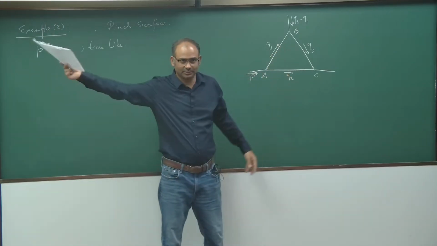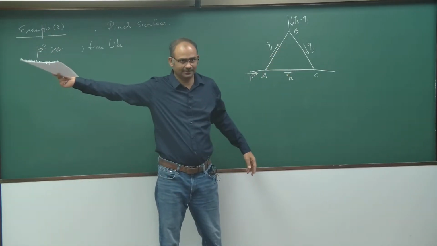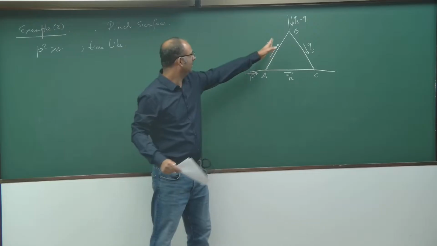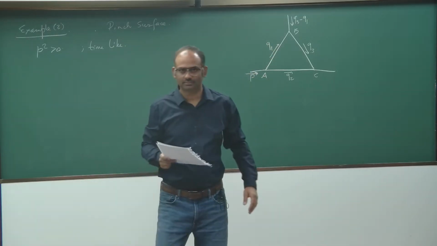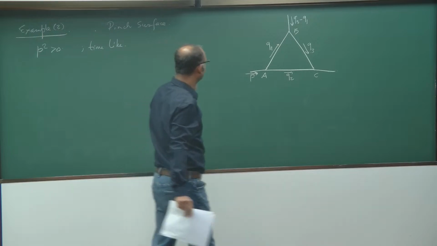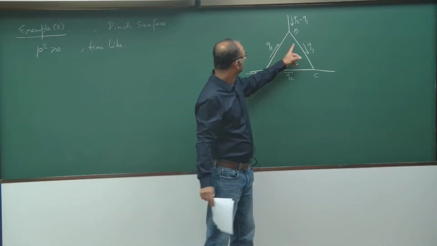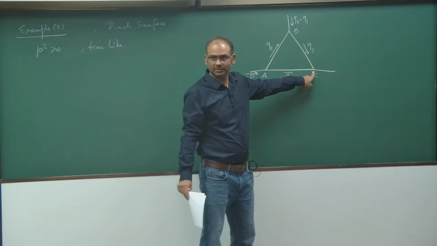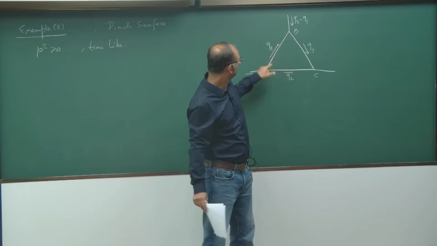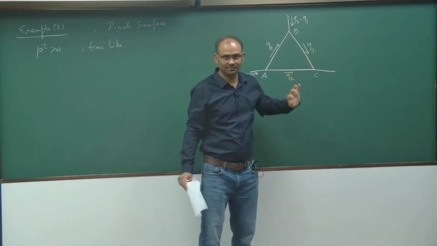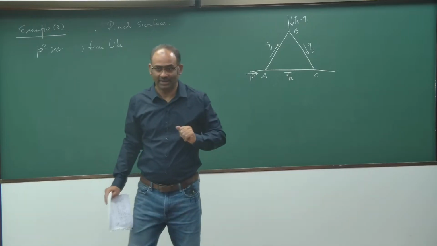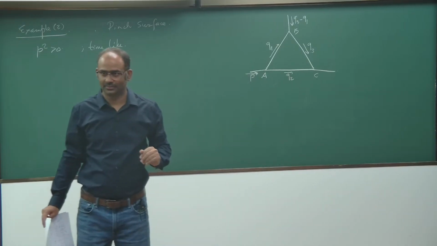Similar situation to the previous case. Up to this point, it's the same picture. So two particles are moving away from each other. But now they should meet at a later point. So these go, and it comes back and meets at a later point. Can that happen? And under what conditions will that happen?